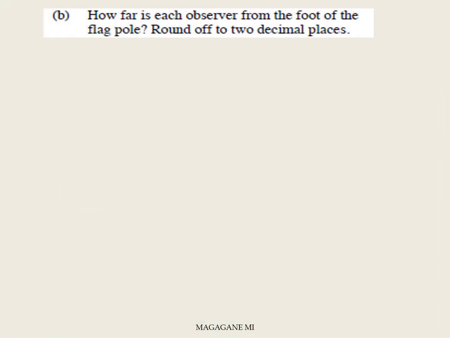The next question. How far is each observer from the foot of the flagpole, rounded to two decimal places? Here we are asked to calculate the length of AC and AB.